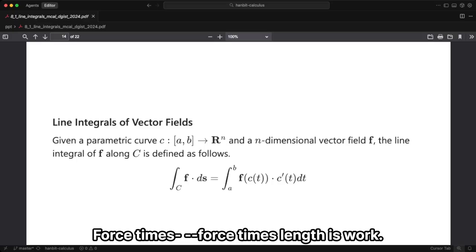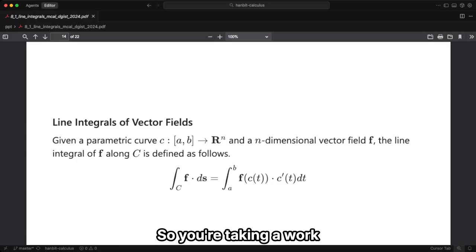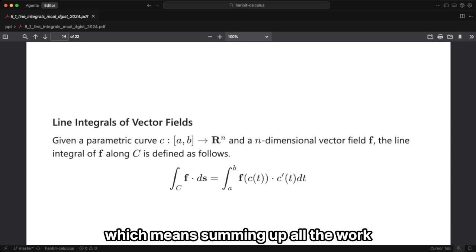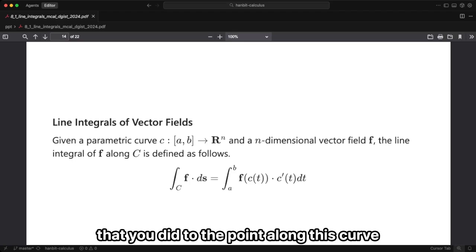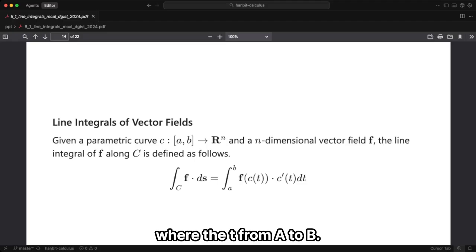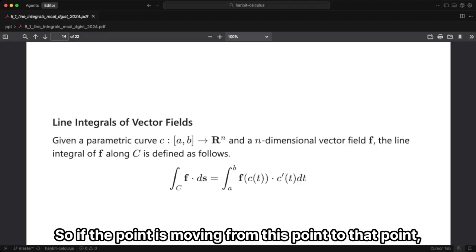Force times length is work. So you're taking the work and then integrating it, which means summing up all the work that you did to the point along this curve, where t goes from a to b. If the point is moving from this point to that point, you're doing some work.